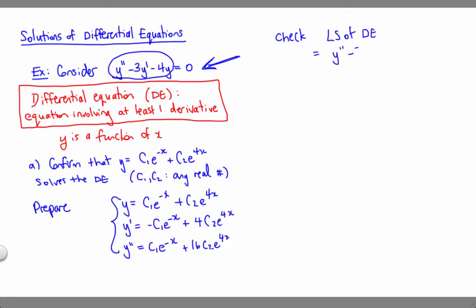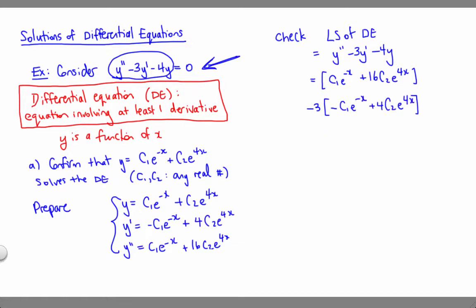We've got y double prime minus 3y prime minus 4y. There's our y double prime. I put brackets around that for clarity. Then we're going to subtract off 3 times y prime. And then minus 4y.